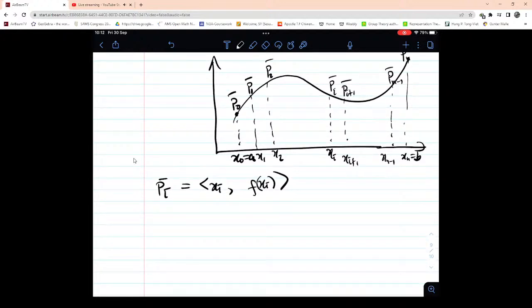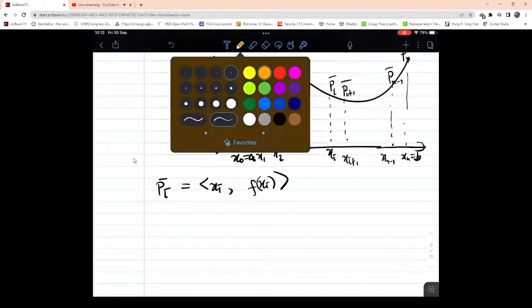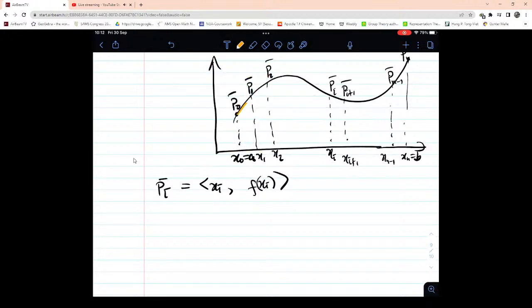For us to approximate the value, let me use yellow. We can find the distance like that, and then we go on like that. I'm just drawing straight lines there, because that's how we estimate the exact value.